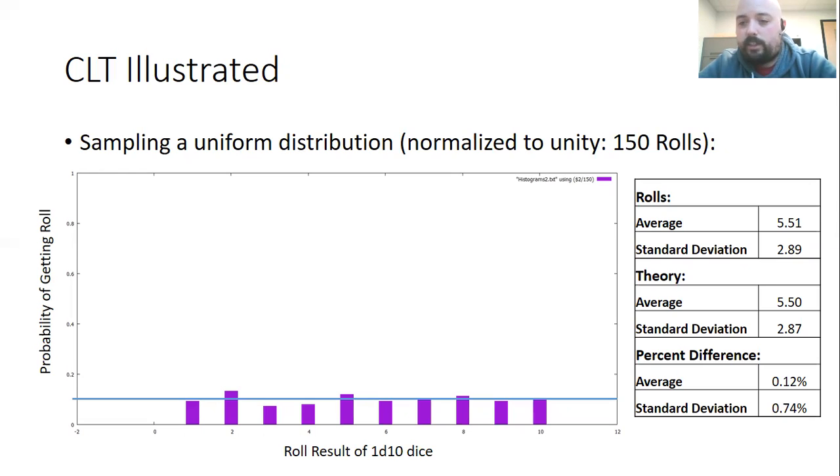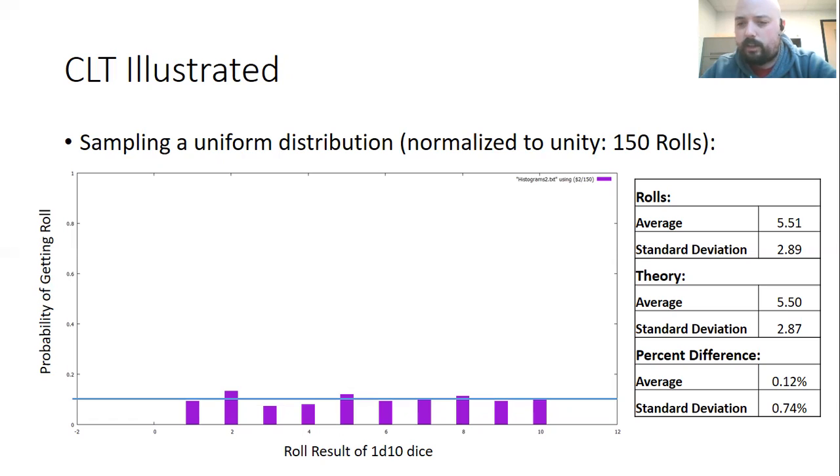As for the standard deviation, in this case, this is the standard deviation about the origin. I believe it's basically the spread of the distribution itself, and we get a standard deviation of about 2.89 from the rolls I produced, which is not too dissimilar from the 2.87 that should theoretically be produced by this particular distribution.